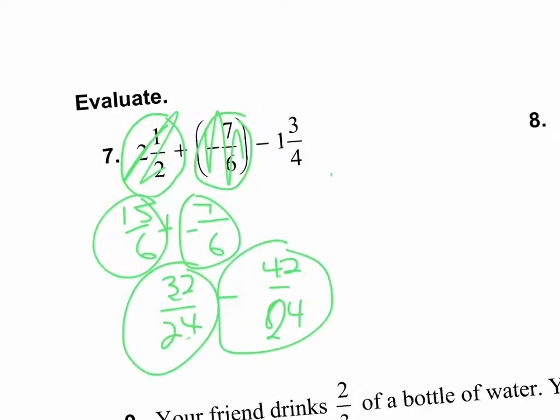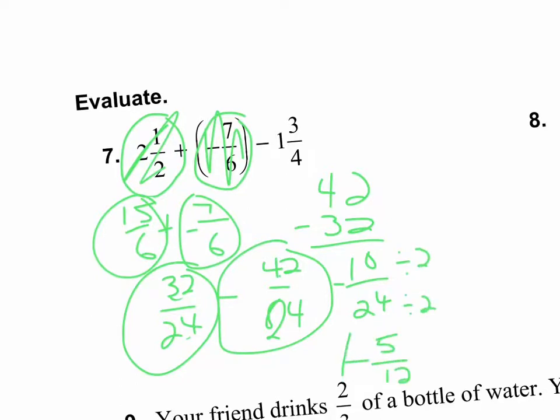Opposite signs we subtract, so 42 minus 32, we take the bigger number first, and I get 10 over 24. 42 is bigger and it's negative, and we have to reduce, so what goes into 10 and into 24? 2. So I divide by 2, and I get negative 5 over 12, and that would be my answer.